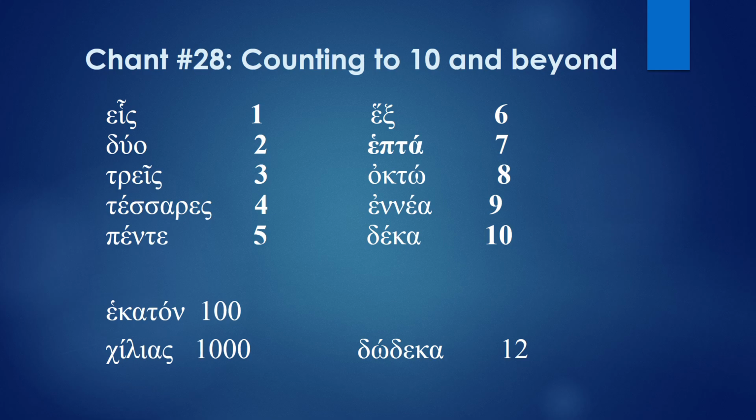And now the chant goes like this, counting to 10 and beyond. Heis, duo, treis, tessares, pente, hex, hepta, octo, ennea, deka, hekaton, chilioi, dodeka.